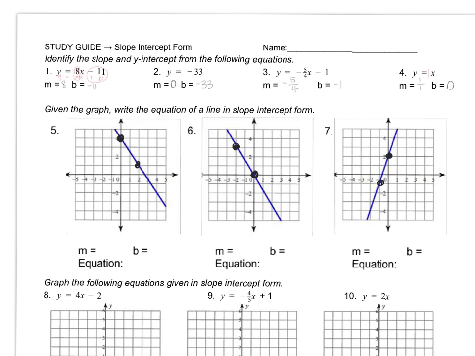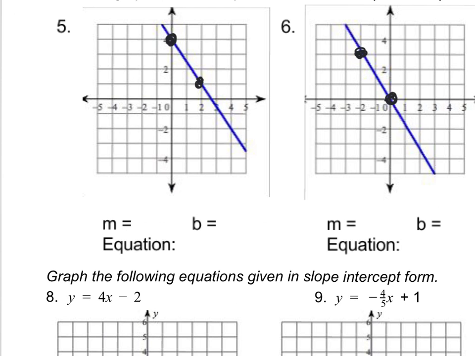For questions number 5, 6, and 7, given the graph, write the equation of the line in slope-intercept form. Let's start with number 5. I want to impress upon you to always, always, always decide if your slope is negative or positive first.